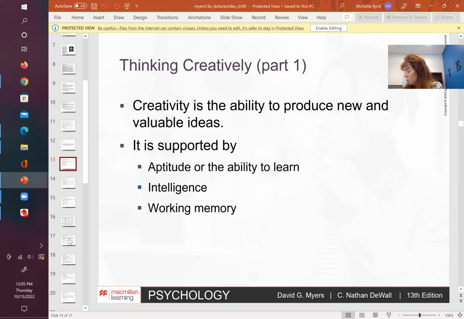It's going to spark imagination and have you think in a different way, and it's supported by aptitude, or our ability to learn, and also our ability to scaffold, to build upon what we've already previously learned. Your intelligence, and we'll talk about those.